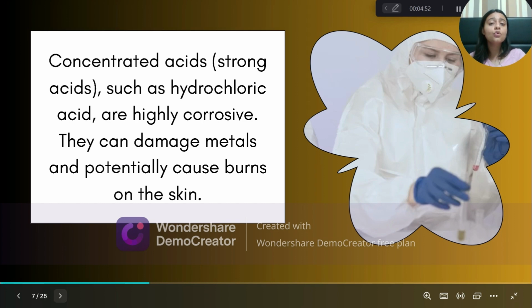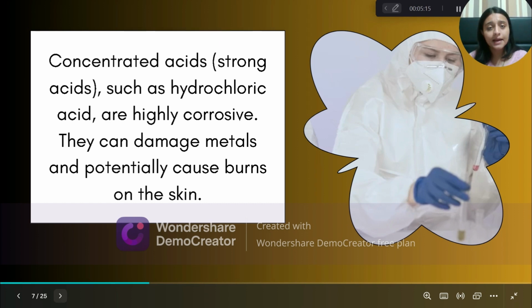Concentrated acids are known as strong acids because the amount of acid is higher in these. Reactivity of acids is higher in these sorts of acids. Okay, they can damage the metals and potentially cause burns on your skin. Okay, these are majorly present in chemical laboratories.